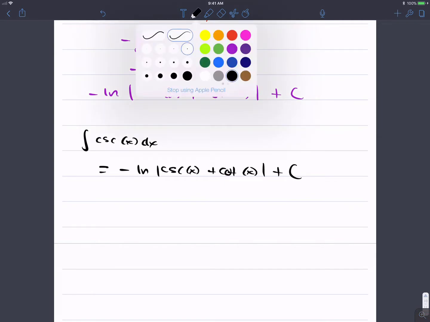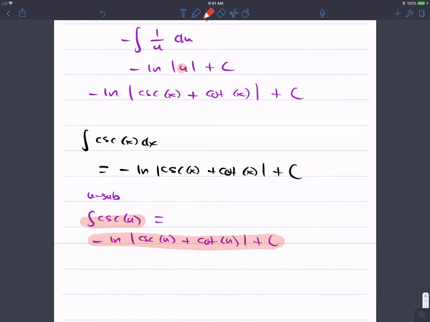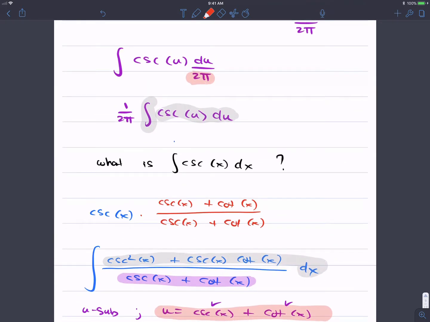The u sub version of this means the integral of cosecant u is minus natural log absolute value cosecant u plus cotangent u plus c. This is what we're going to use here. Okay, we're going to use this integral for cosecant, minus natural log absolute value cosecant u plus cotangent u, because that's what was required over here.